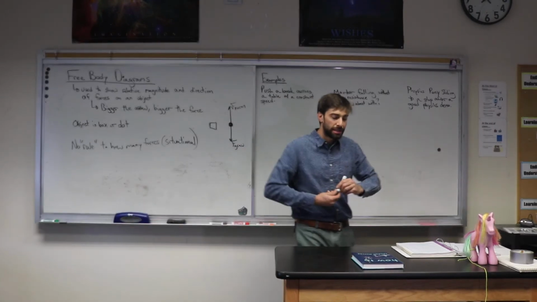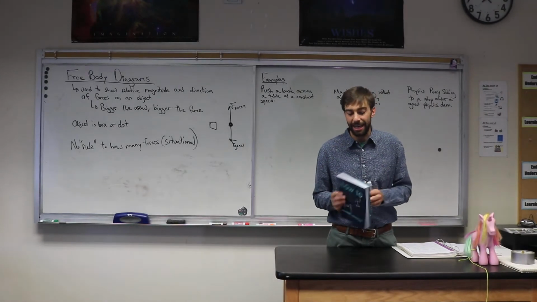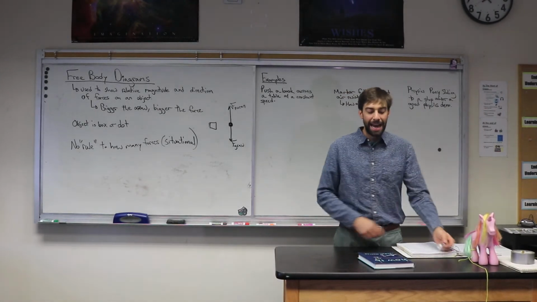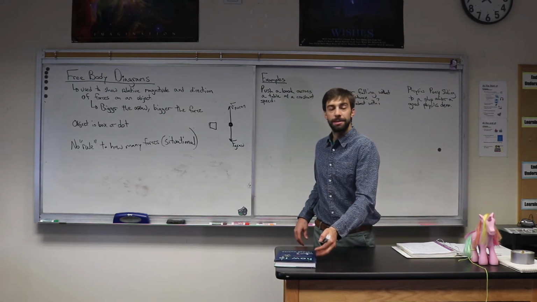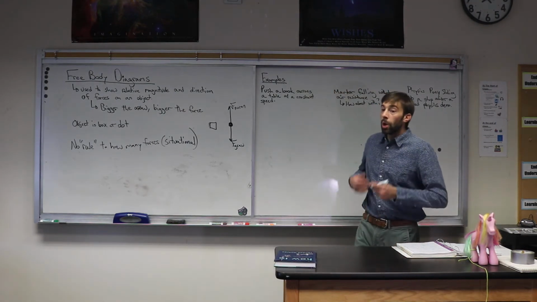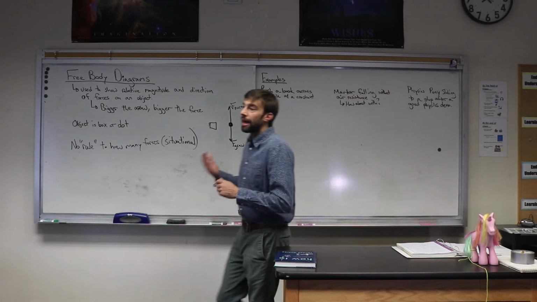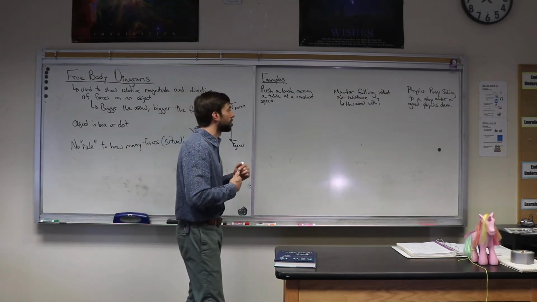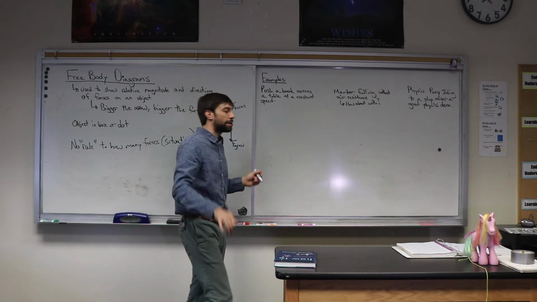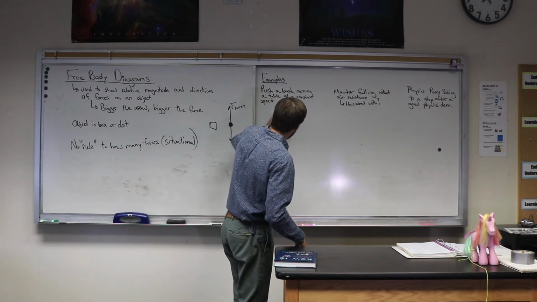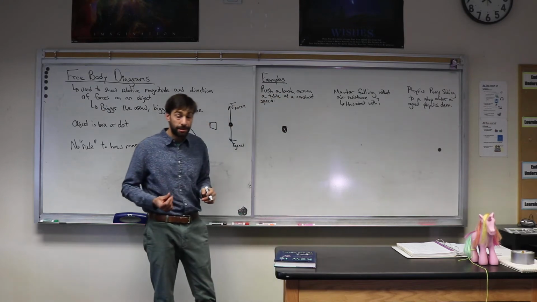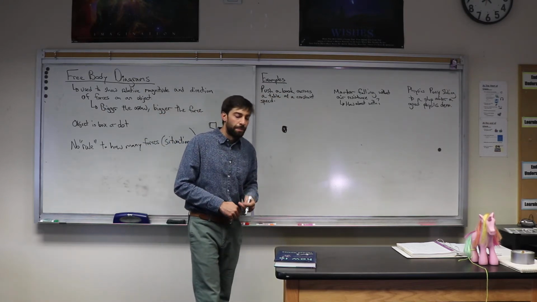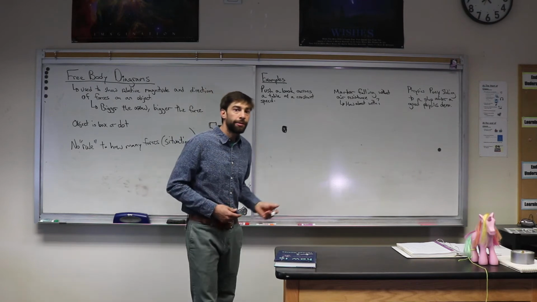To demonstrate this, we have my new how-to book, which I'm excited to get into, and I'm going to push it across the table at a constant speed. Well, what forces are acting on the object? First thing when I'm going to draw a free body diagram for that situation, I want to draw my object. And by draw my object, draw a circle or a box. Then we start to think about the forces.